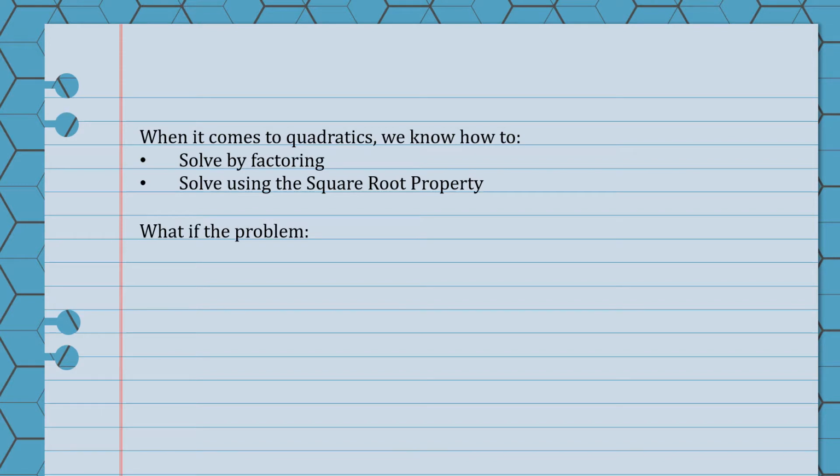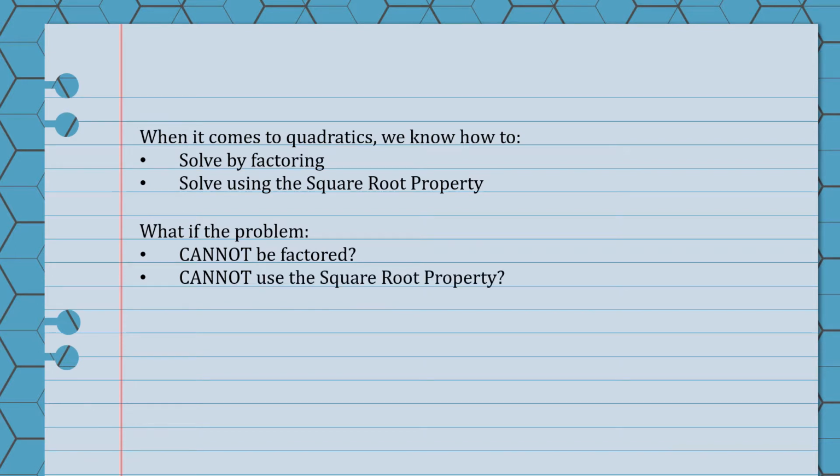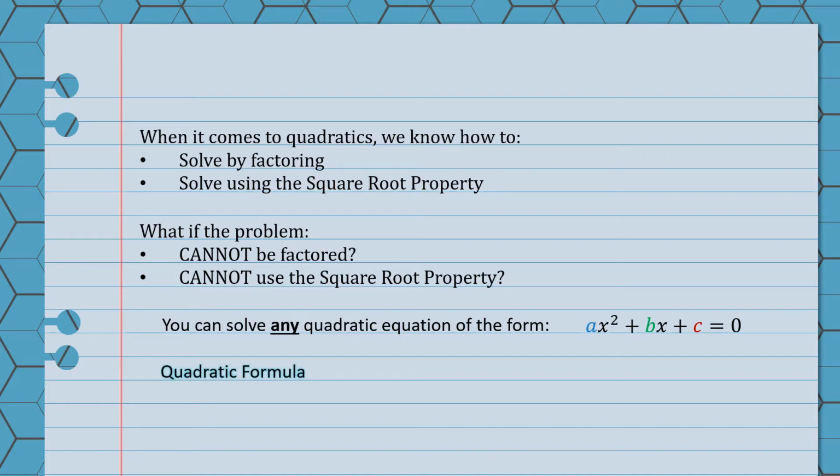But what if the problem cannot be factored or cannot use the square root property? Well, the good news is you can solve any quadratic equation of the form ax squared plus bx plus c equals 0 by using the quadratic formula.